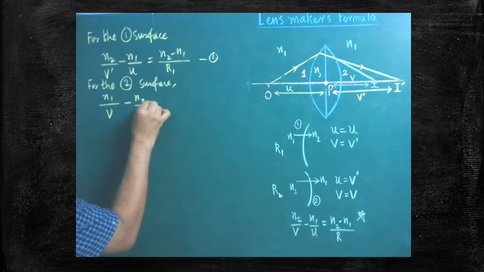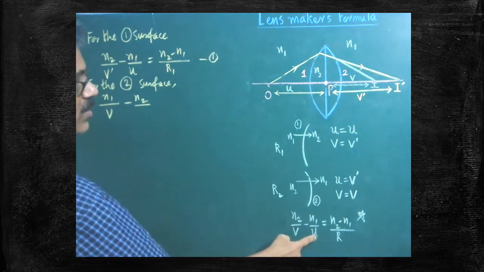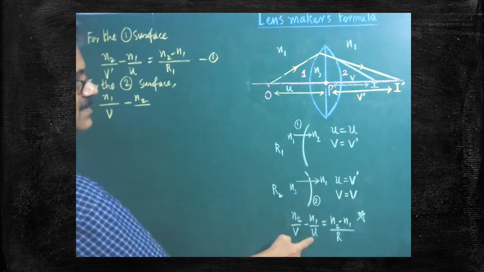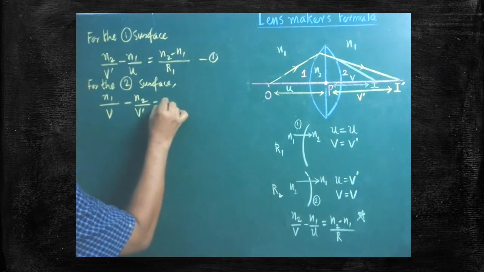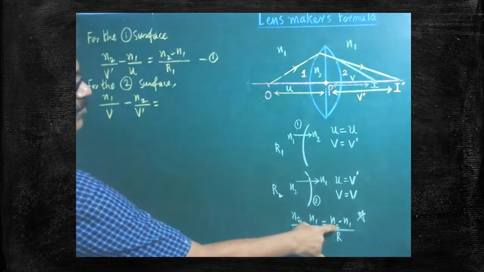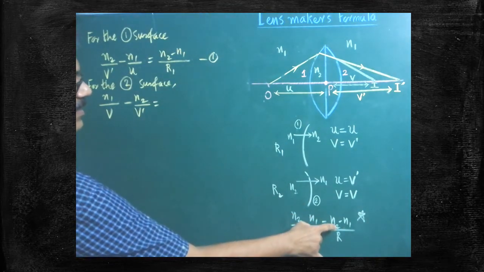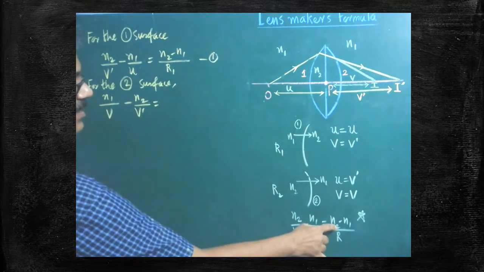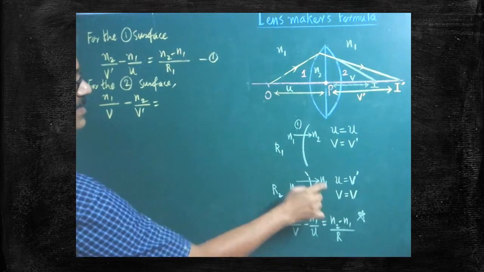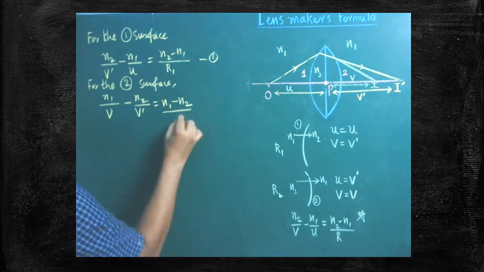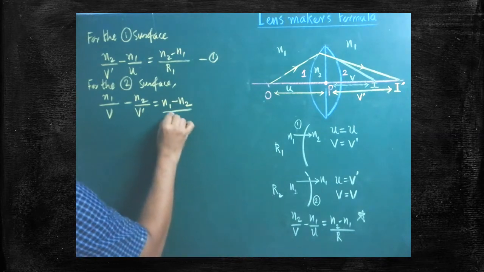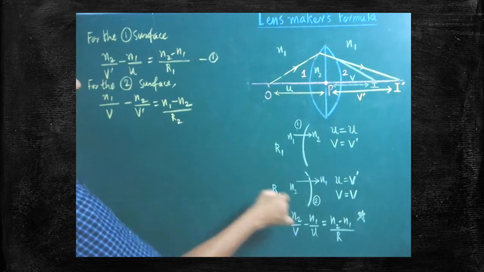N2 divided by U. What is U? The object distance, which must be taken as V dash. Again for N2 minus N1, the first medium is N2 and the second medium is N1. Therefore, N1 minus N2 divided by R2, the radius of curvature of the second surface.